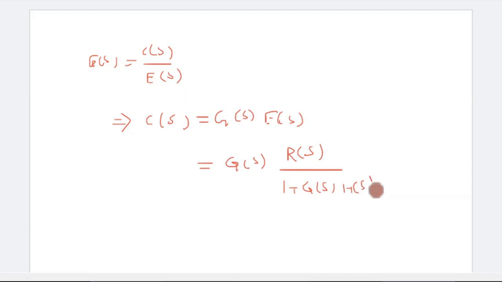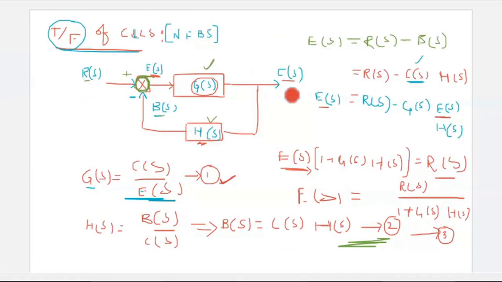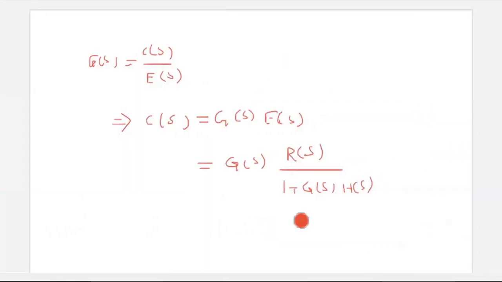For a closed loop control system, we know C of s is the output and R of s is the input. For obtaining the transfer function of this block diagram, we have to find out C of s by R of s. Observe this equation.